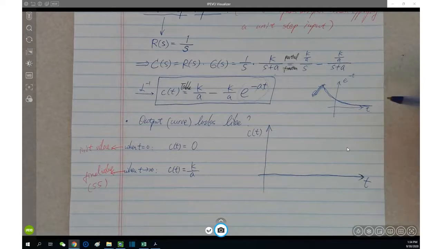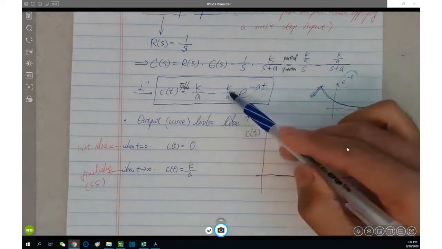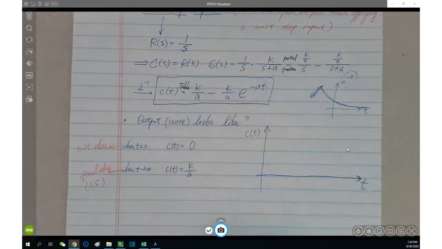So when t equals infinity, this exponential function equals 0, and K over a minus 0 equals K over a. This is how we get the initial and final value, or steady state value. We're going to do this a lot, so be clear on how we get the initial and steady state value. All right, next.